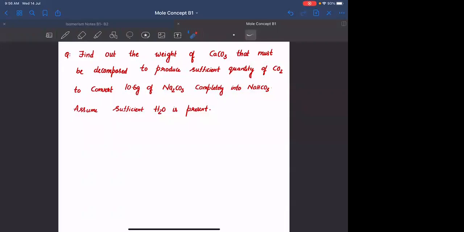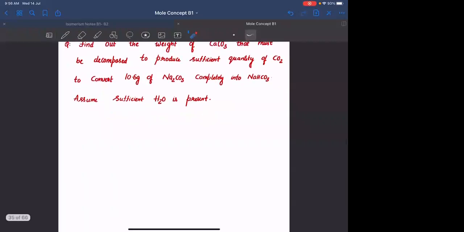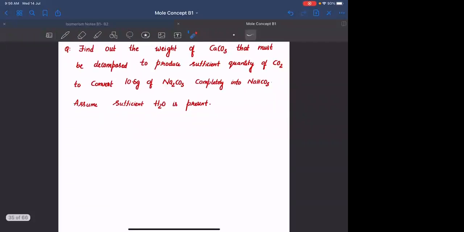Anyone? Any answer? 0.1 mole of CaCO3 must be decomposed. Okay. ठीक है.